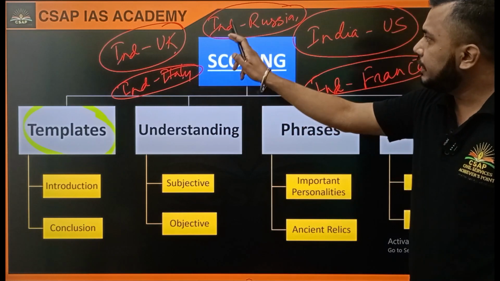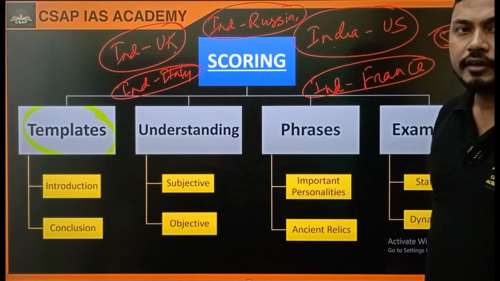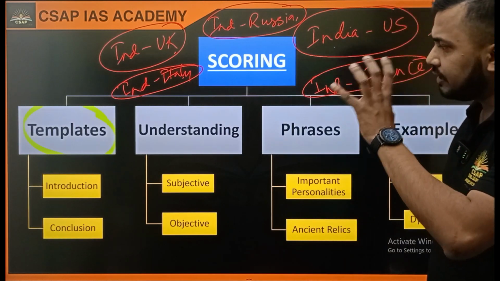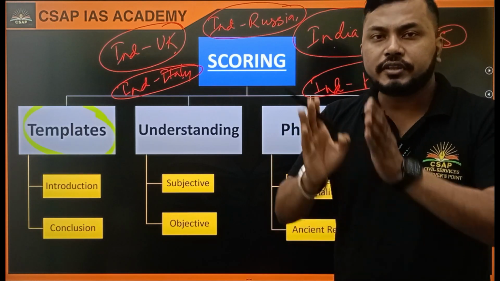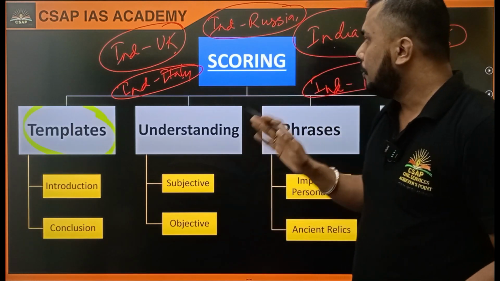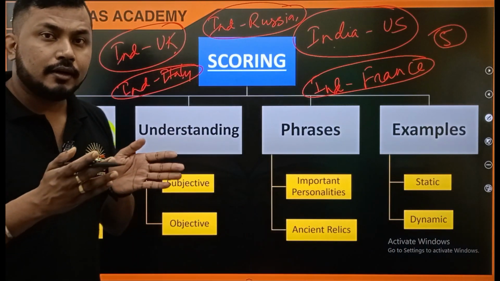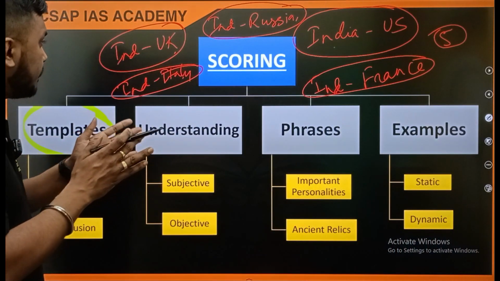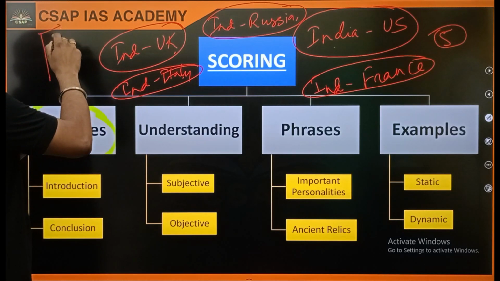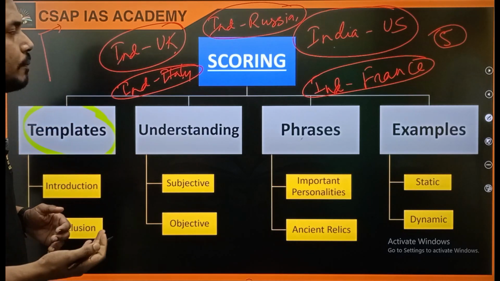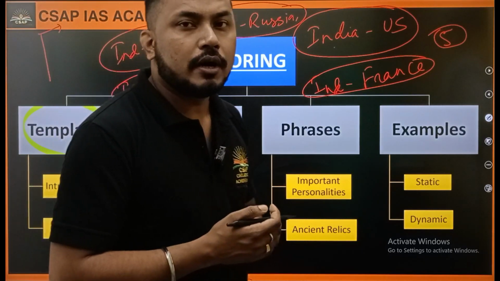So take supposedly these 1, 2, 3, 4, 5 nations. In these 5 nations, whatever you are studying, okay, it has to be followed with a particular template. मैं जब countries के बारे में पढ़ता हूँ, within that particular ambit of the country which I am basically studying, मैं इसका list down करूँगा कि जब मैं इंडिया यूएस पढ़ूंगा या इंडिया यूके पढ़ूंगा या इंडिया रशिया पढ़ूंगा, ओके, या मैं इंडिया फ्रांस पढ़ूंगा.